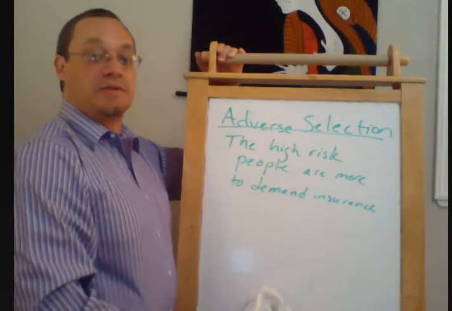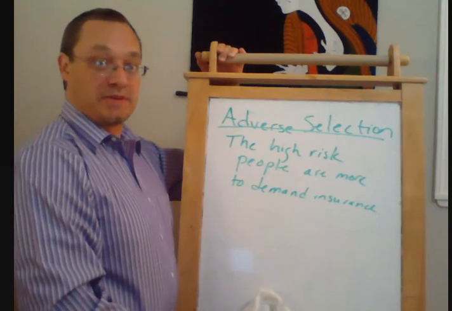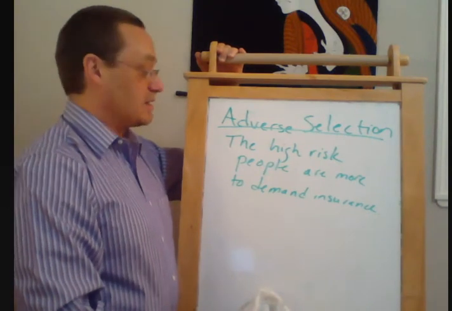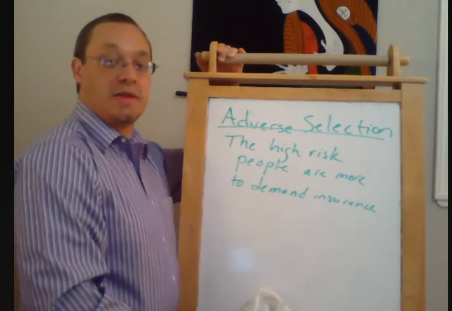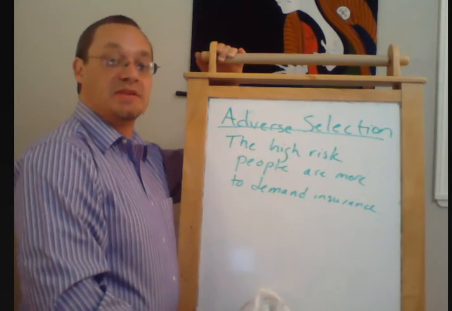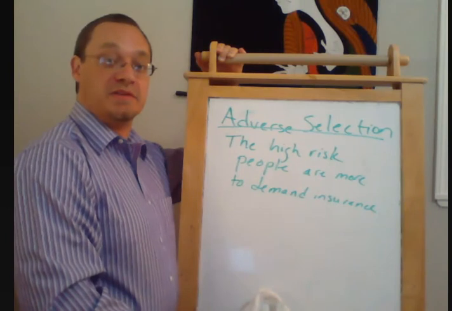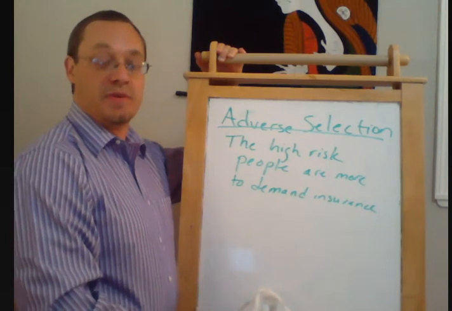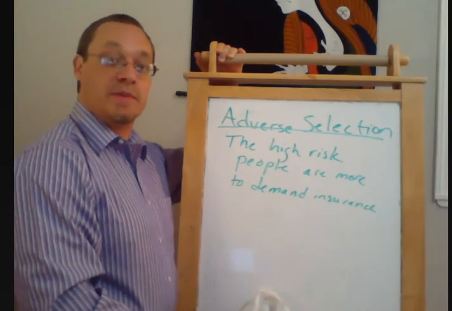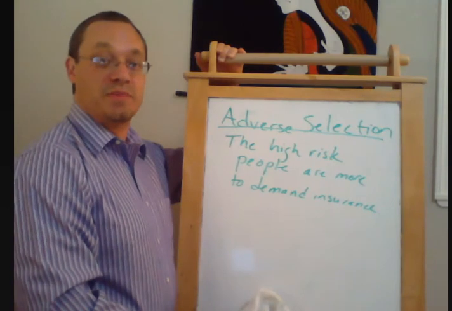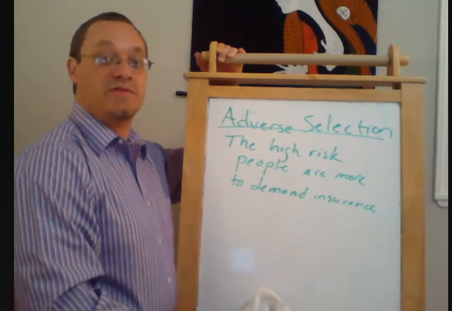Now, if the insurance company can figure out who the high-risk people are, and it's allowed to charge the high-risk people a higher price, this won't necessarily be a problem. It'll charge the high-risk piggies a $1,500 insurance premium and charge the low-risk piggies a $500 insurance premium, and everything will work just fine.